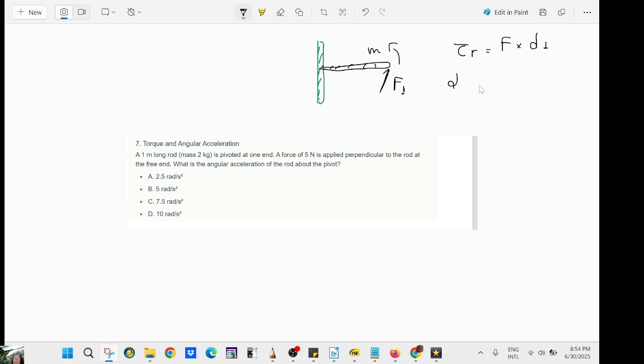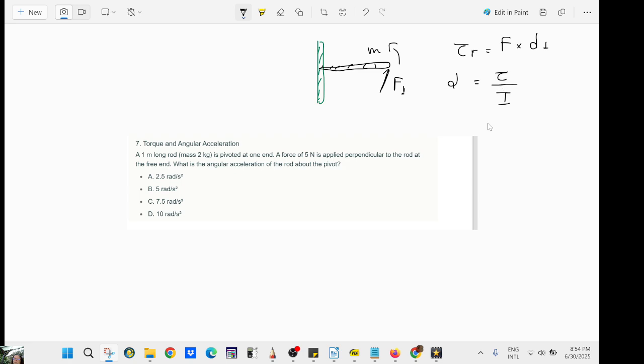But how much acceleration depends on the moment of inertia. The acceleration will be proportional to the torque, but inversely proportional to the moment of inertia. Right? And what do they want? They want the acceleration.